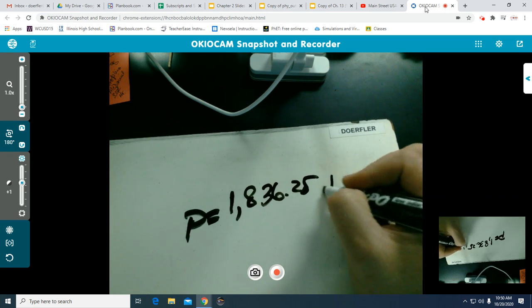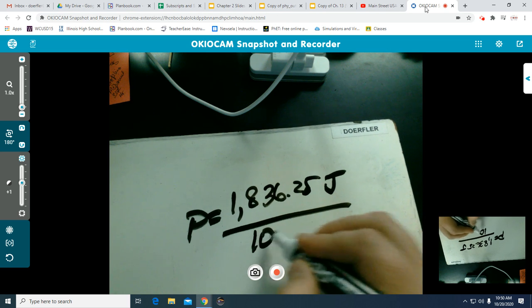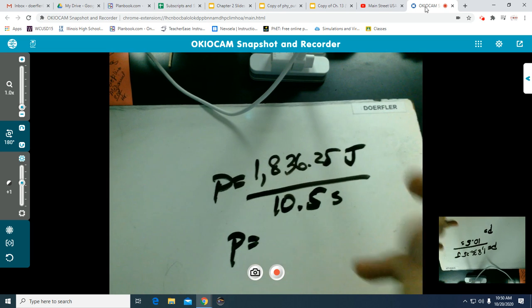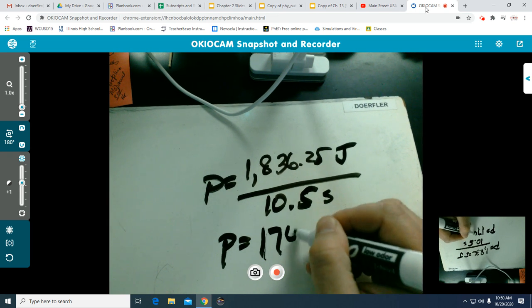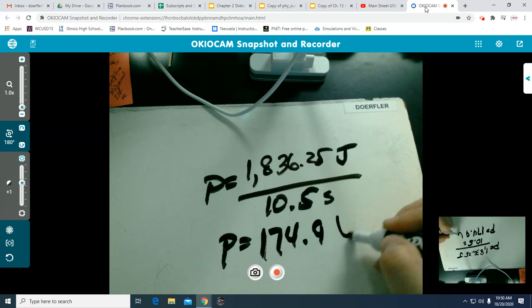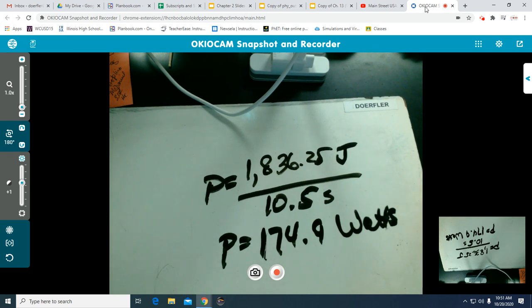And that's in joules. And time is 10.5 seconds this time. So 174.9 watts. So which is more? The one where it took 10.5 seconds. So shorter amount of time, greater amount of power output.